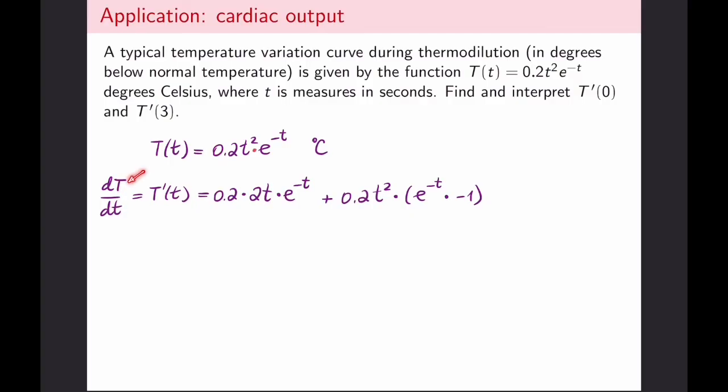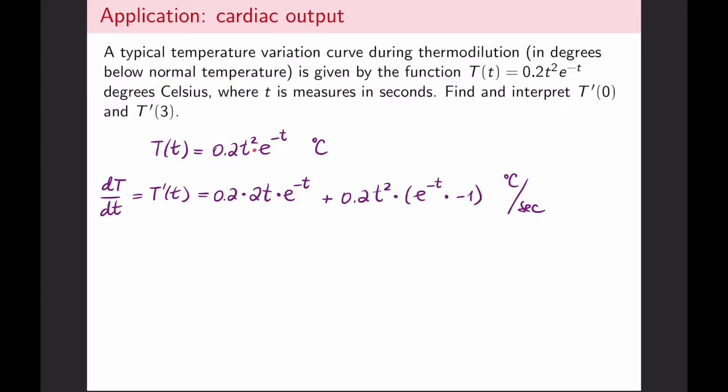The units of the capital T were degrees Celsius. The units of the little t were seconds. So what the derivative is measuring is degrees Celsius per second, the rate at which the temperature is coming back to normal in degrees Celsius per second.